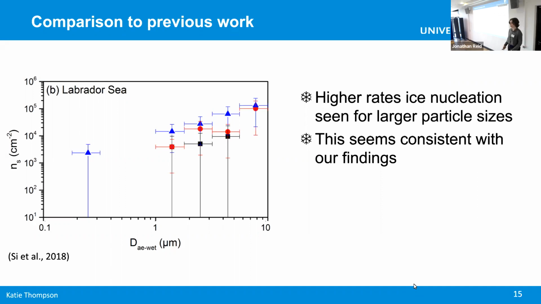So they also saw these higher rates of ice nucleation with larger particle sizes. So that seems consistent with what we're seeing, although obviously this is still very preliminary, and I probably need to analyze my data a bit more, maybe actually calculate this NS value for my data and make those more direct comparisons. But at the moment, it's really consistent, and we've got some really interesting differences between the terrestrial versus the more pristine air from the sea ice edge, which is really cool.